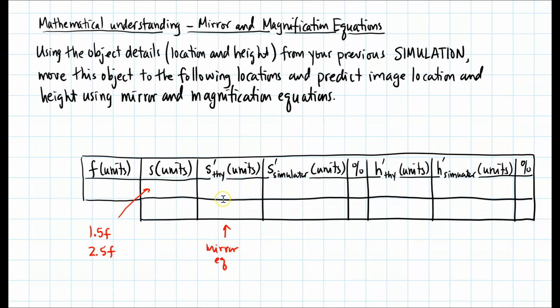Once you have that prediction, go and set it up in the simulator and then take the percent difference between the two. For the height of this object, you need the original height. The predicted height you get from the magnification equation, and note that the image height has to be the absolute magnitude of the object height.